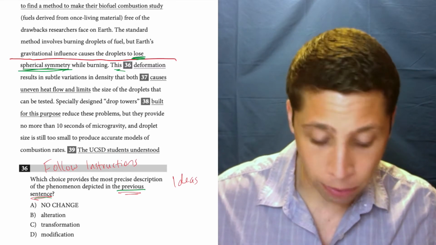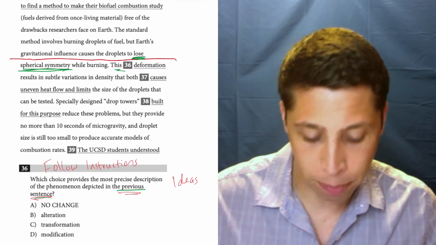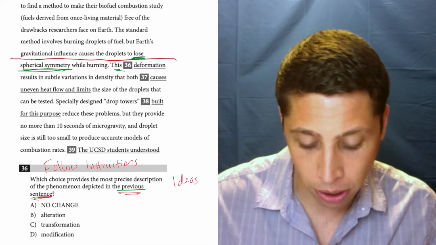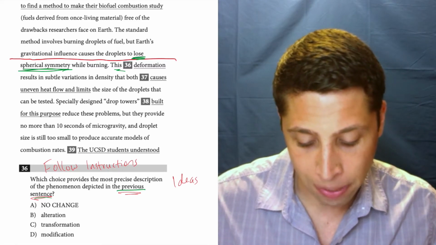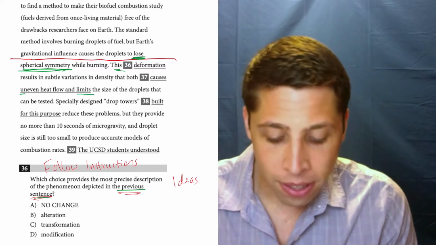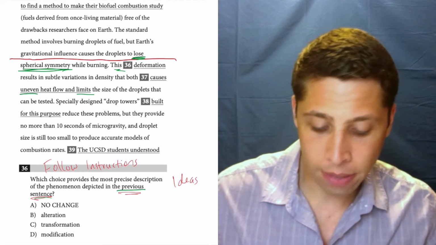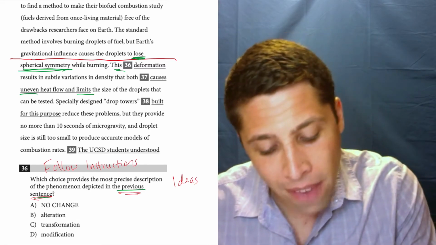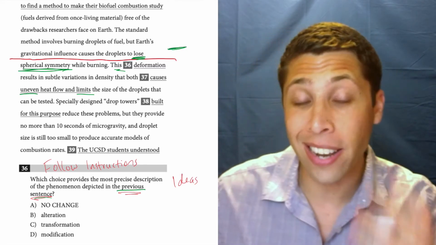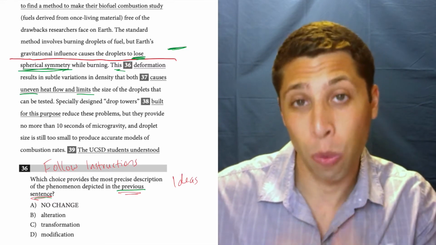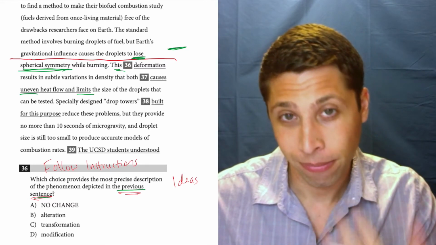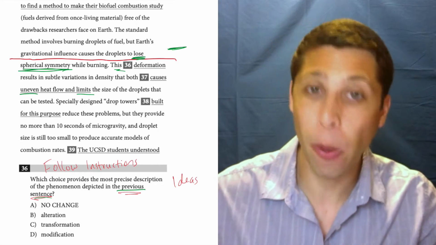This whatever results in subtle variations in density that both causes uneven heat flow and limits the size of the droplets that can be tested. So limits, uneven, lose. There's a vague but important negative connotation to what they're saying, so I want to match that.